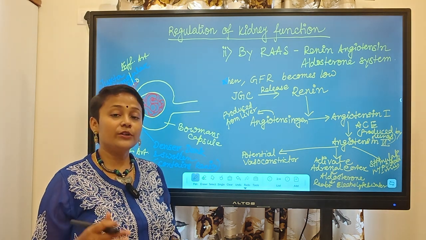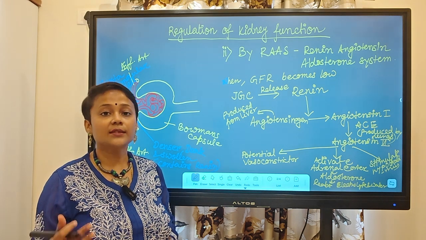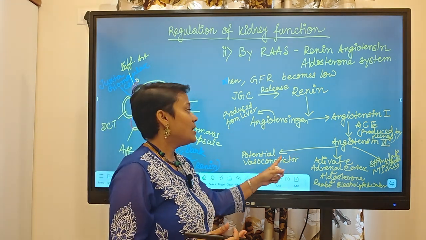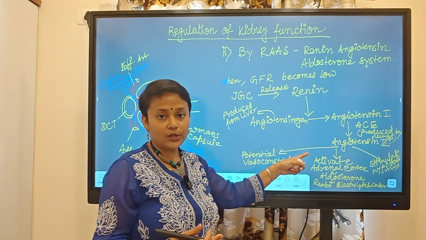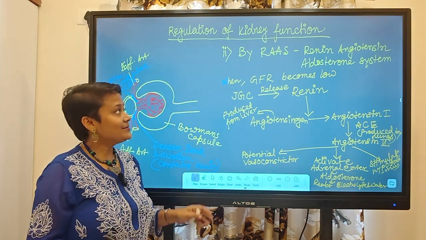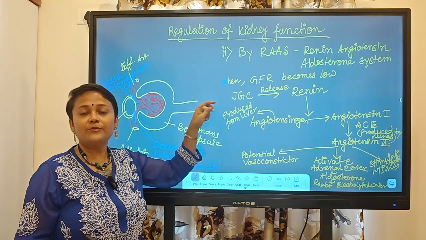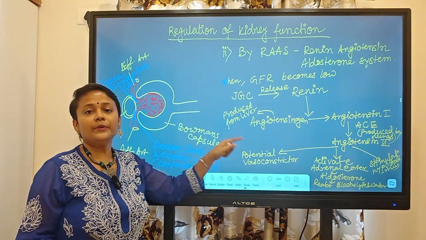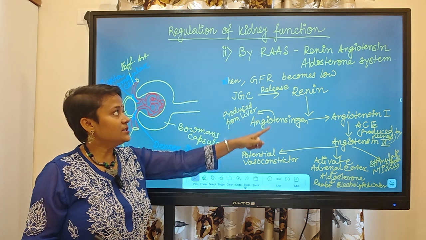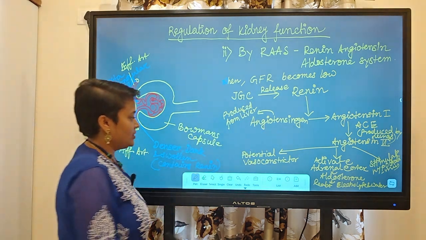It will stimulate the hypothalamus to promote drinking and thirst, and it will have a property which is called vasoconstriction. So by these three ways, if there is any low blood pressure, the pressure will be increased by the RAAS. Okay. So this is the second regulation.